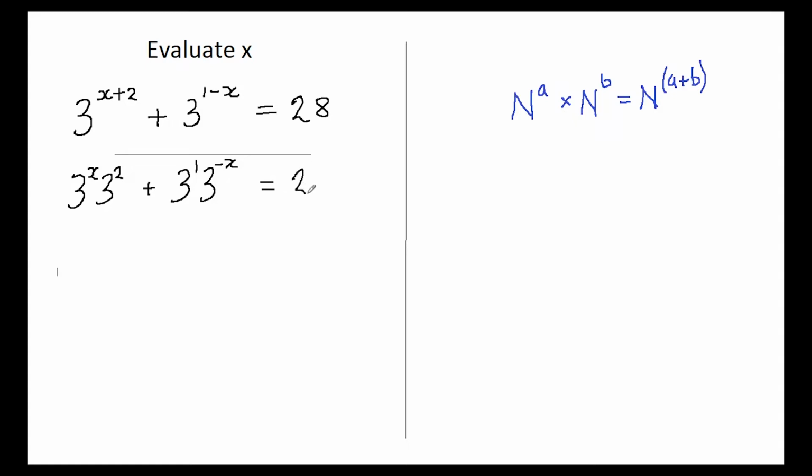And this still all equals 28. Next, in order to get rid of this term, I'm going to multiply throughout by 3 to the power of x. So we now have 3 to the power of x all squared over here times 3 squared.